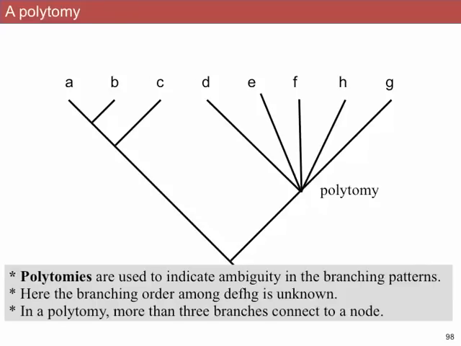You could have an ancestral population, a river comes through in that area and splits the land into 10 different quadrants. It's in essence an instant invention of 10 separate lineages. Usually we don't have the resolution to figure that out, so we don't represent that, but that could happen. So a polytomy is either going to represent something we don't know, so ambiguity, or in essence a burst of creation of evolutionary lineages.